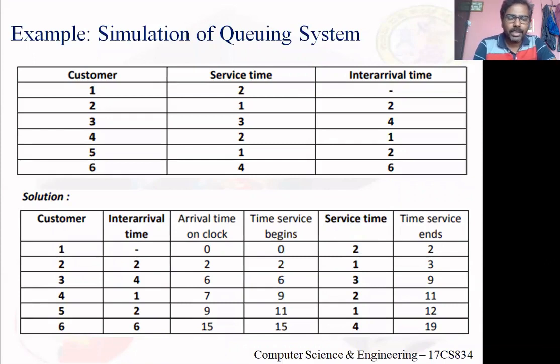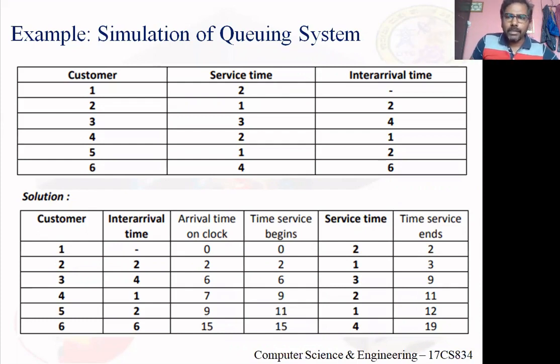Now, I'm simulating a queuing system, so consider a banking system, and in this case I'm simulating for 6 customers. The first and foremost step is to determine the characteristics of each of the inputs to the simulation. And what are the possible inputs?